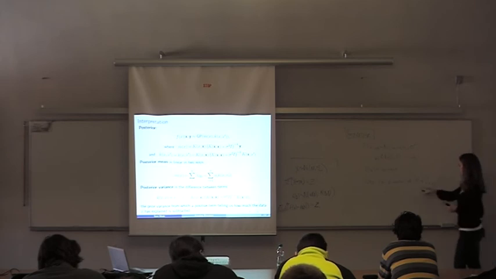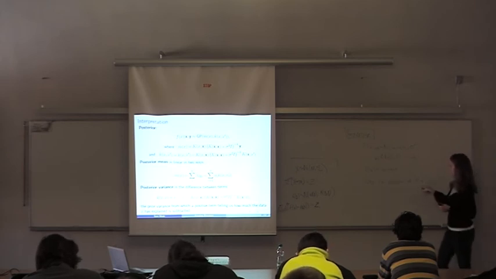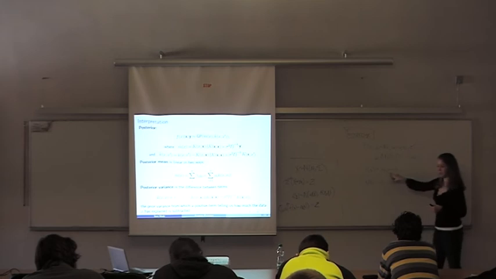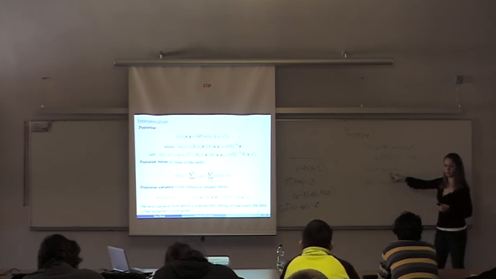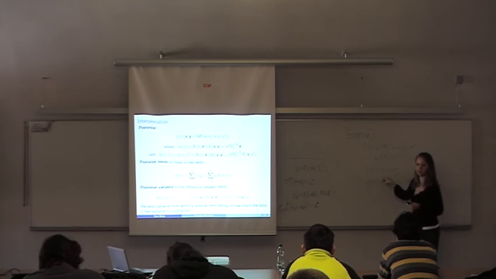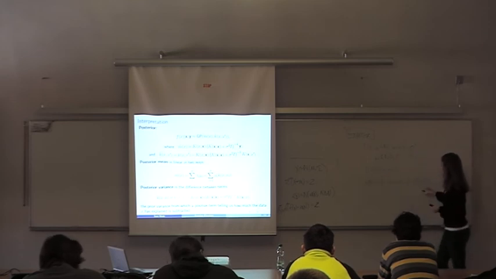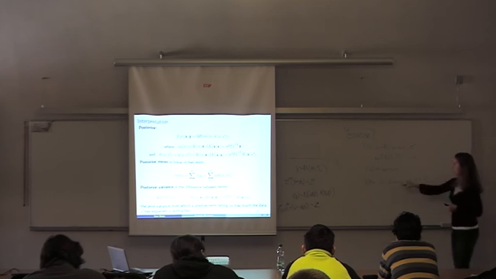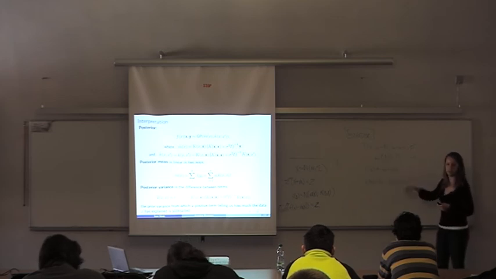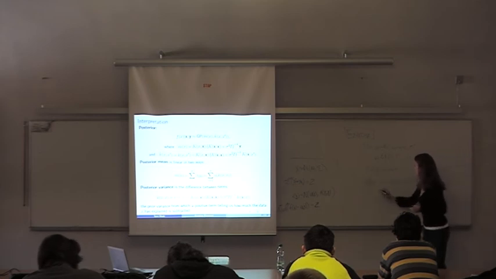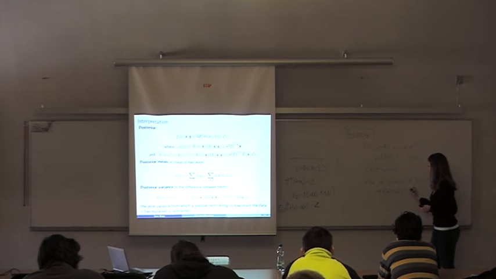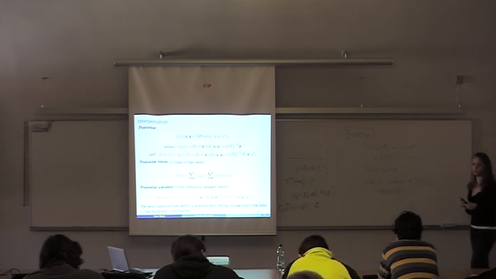So the distribution of f of x, we said a linear combination of Gaussians is Gaussian, right? So f of x is Gaussian. Same if I take any finite set of x, I have something which is jointly Gaussian. So now we know that f of x is a Gaussian process.